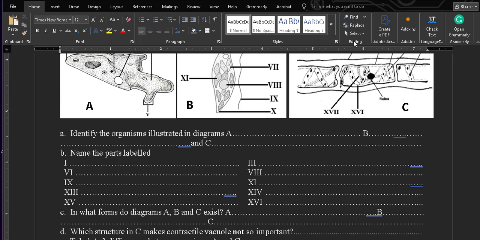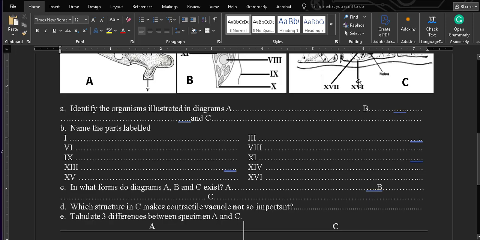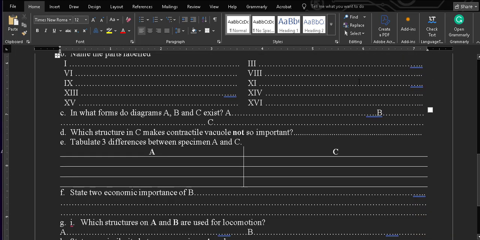And that has to do with the cell wall, right? The presence of the cell wall in Spirogyra makes the contractile vacuole less functional or less important, since the cell wall can allow the Spirogyra to withstand the pressure that the water will impose on the cell and prevent the cell from bursting or breaking and so on.